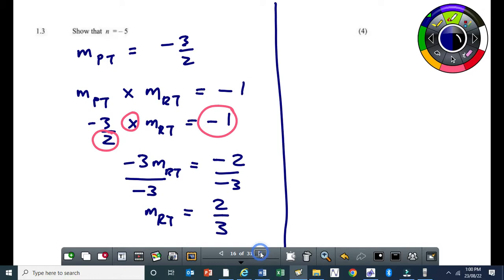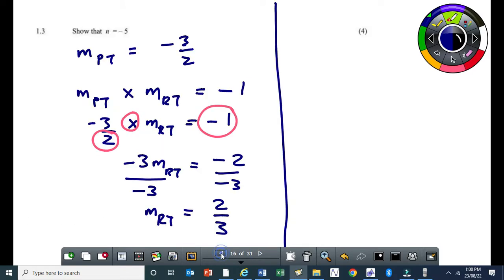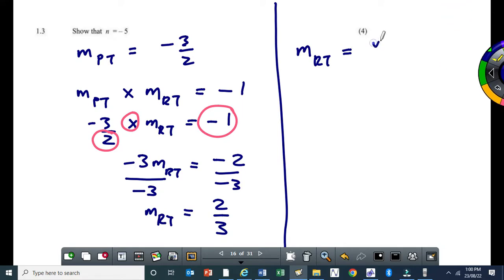So I'll go back. Okay, this is now lower. So I'm going to do it here. MRT, which is equal to 2 over 3, is equal to YR minus YT. Remember, I told you that it's much better to use the subscripts that are letters of the points on that specific line. So this will also be XR minus XT.